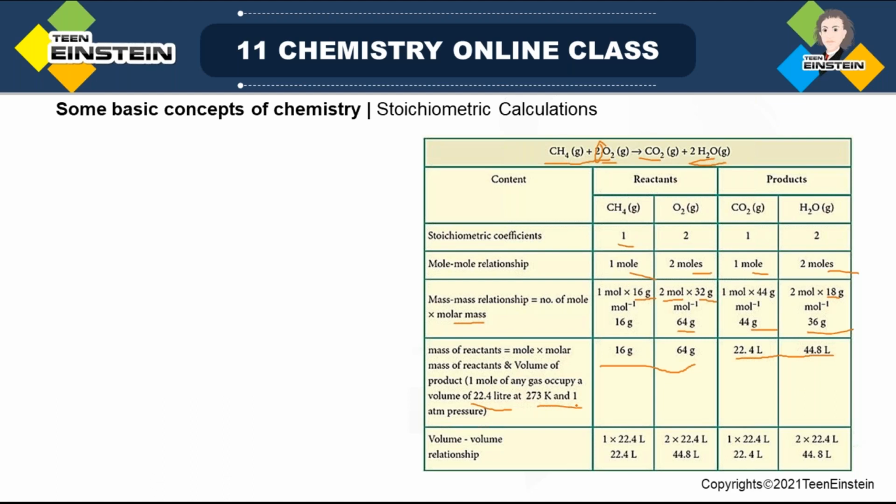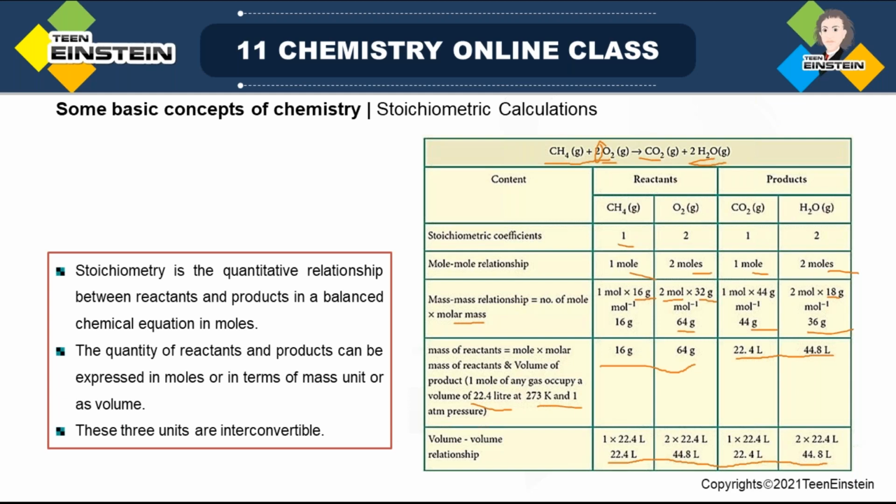So under this condition, 1 mole of CO2 means 22.4 liter of CO2, and 2 moles of H2O in gaseous form, that is vapor form, means 44.8 liter. And if we express all of them in terms of volume, it will be like this. Fine.